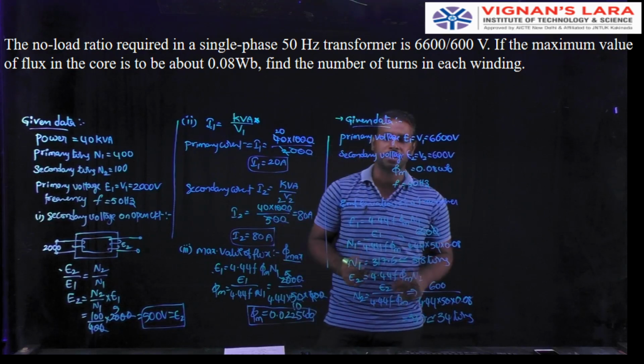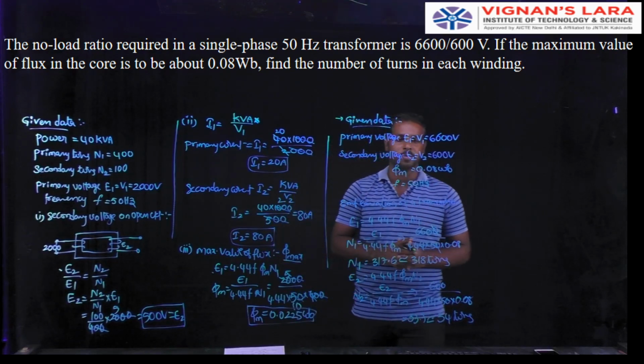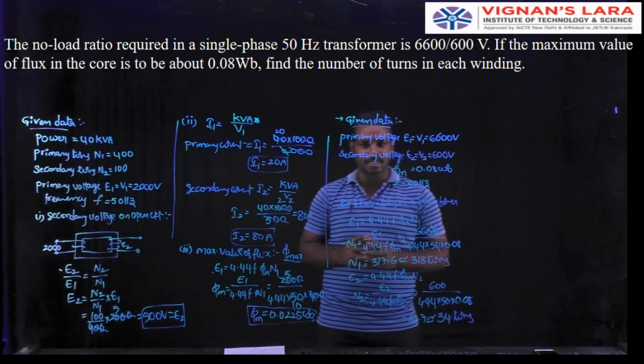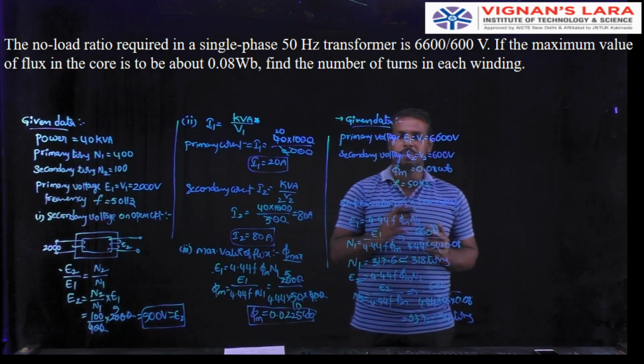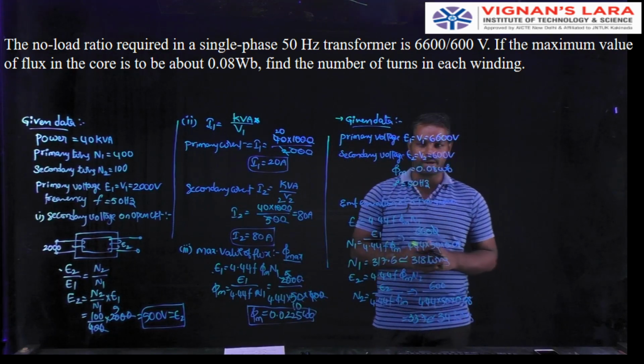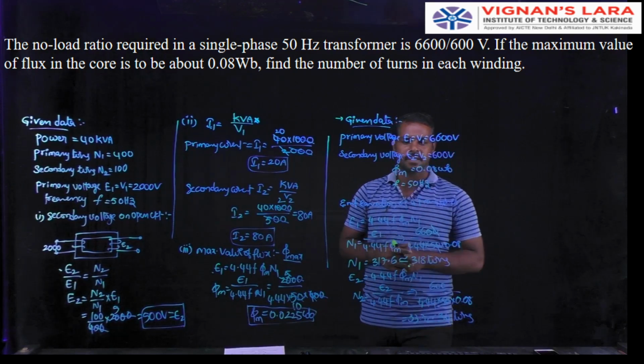The no load ratio of a single phase transformer operating at voltages 6600 and 600 volts, if the maximum value of flux is 0.08, find the number of turns in each winding.